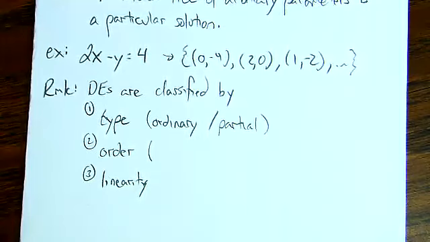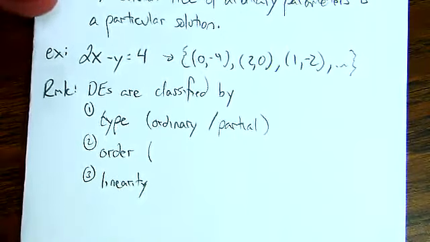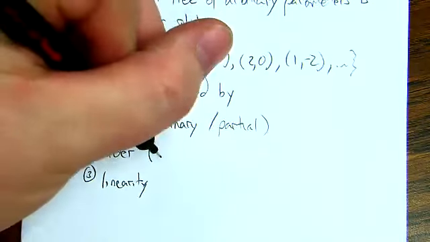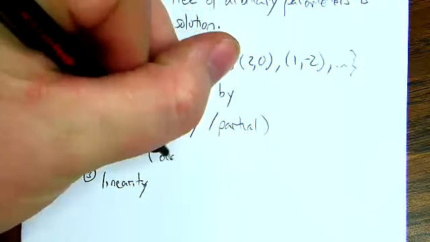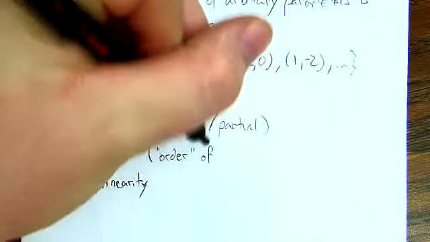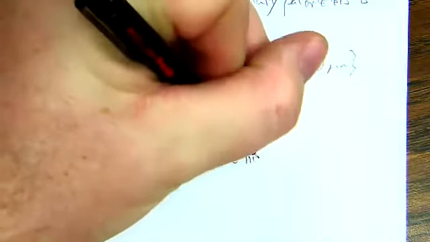Since they are concerned with derivatives, in classifying order we ask what is the highest derivative that's taken. So order is specifically the order of the highest derivative present in the problem.